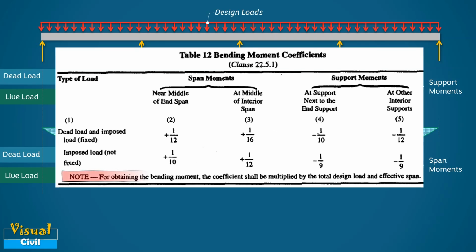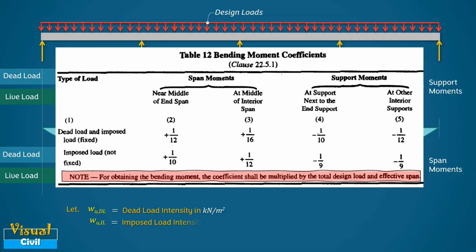Now, to obtain the bending moment, these coefficients shall be multiplied by the total design load and effective span. So, let us assume WDL as dead load intensity, WIL as imposed load intensity, and L as effective span.